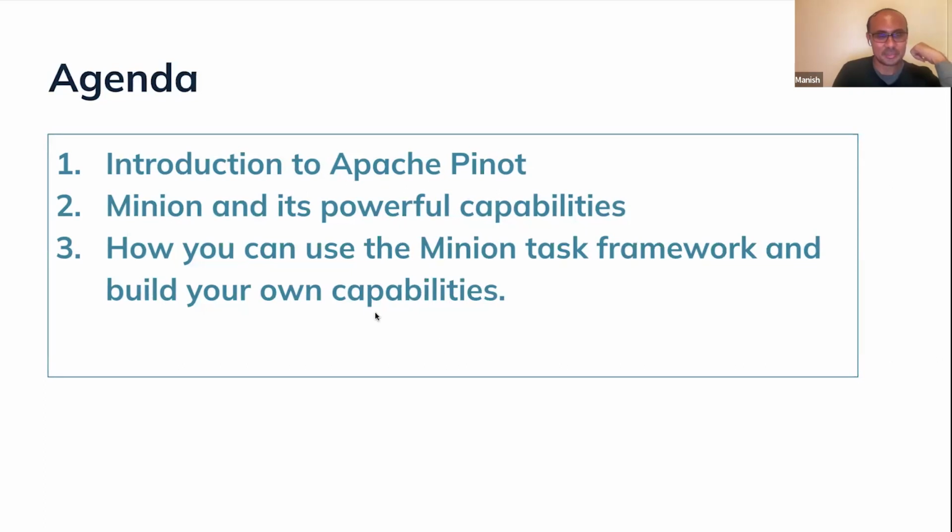The third one is, if you were to extend the Minion framework to build your own capabilities for your use cases, how would you go about that? Hopefully at the end of the talk, two and three are the key takeaways: what a Minion is, what kind of things you can do, and a starting point if you want to build something of your own. I'll also answer questions to the best of my ability, and if not, I can take those questions and answer offline over Slack.